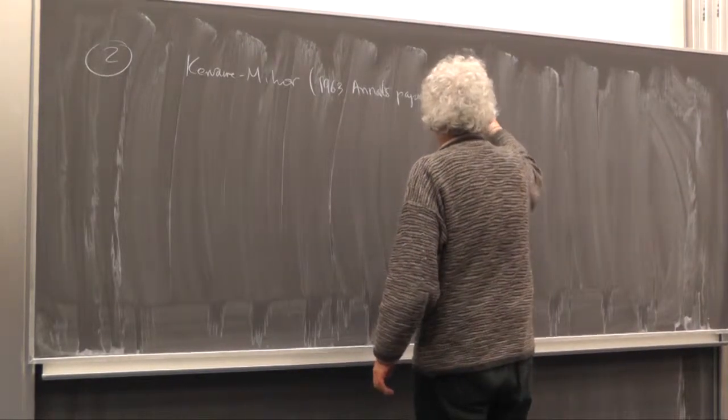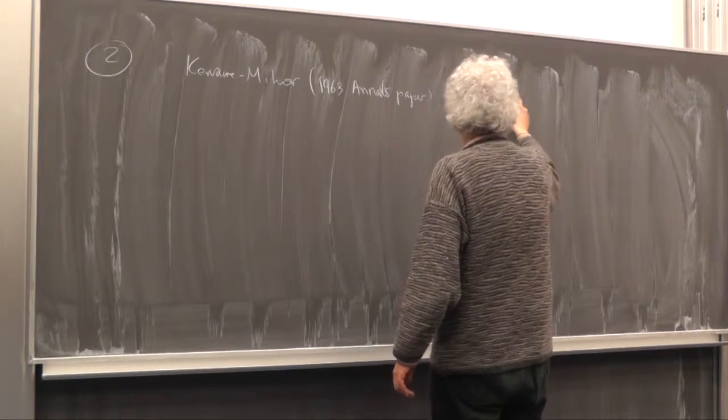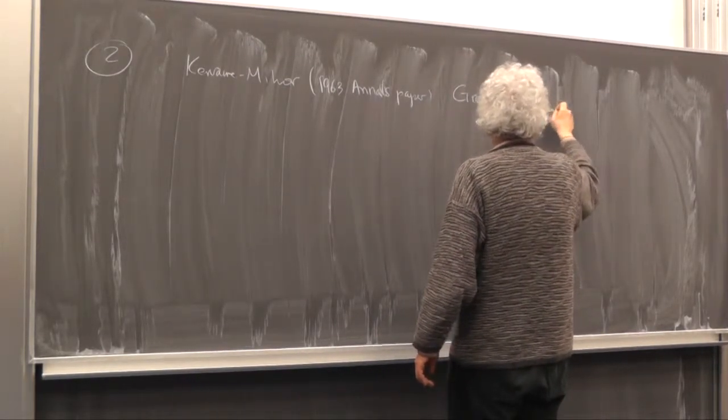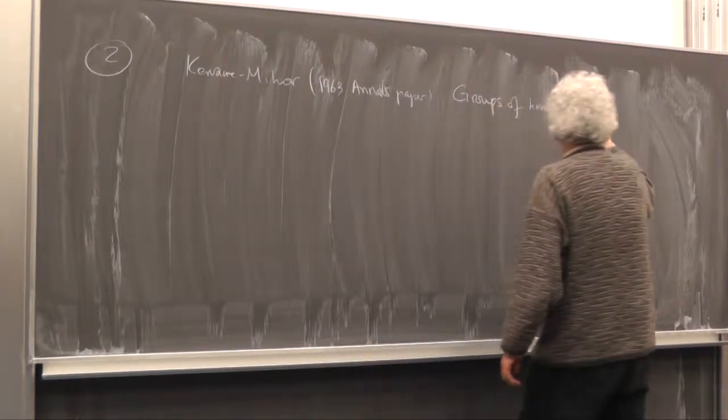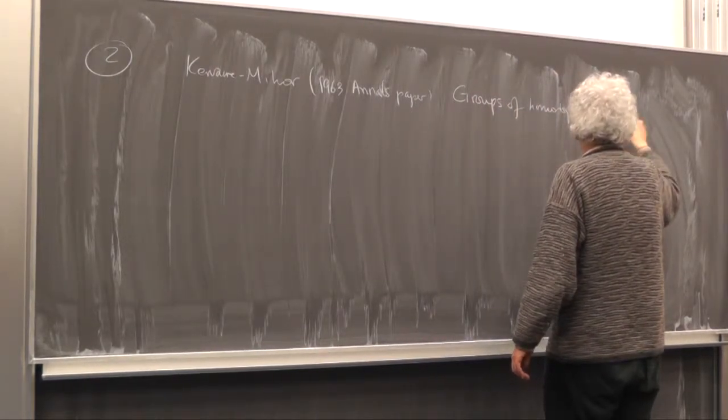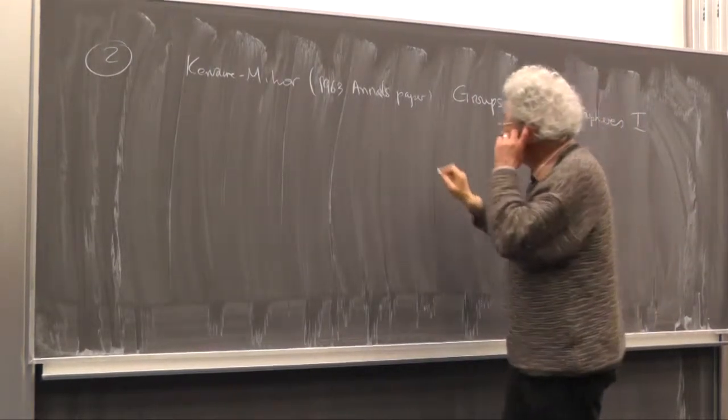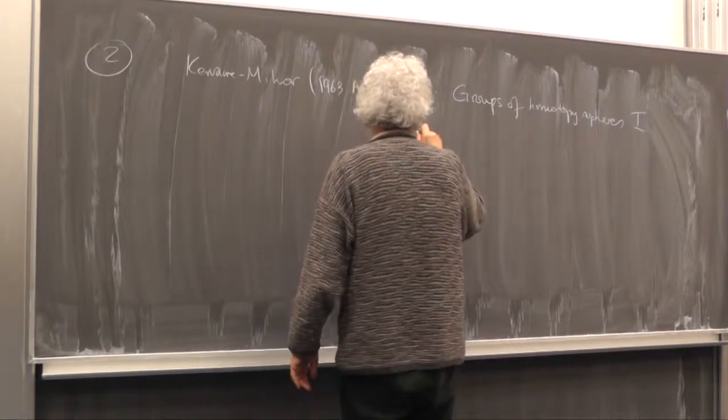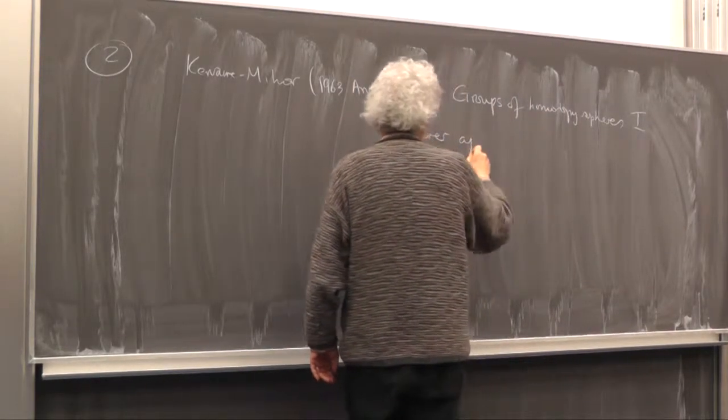So the paper was actually called Groups of Homotopy Spheres. Part two never appeared as such.